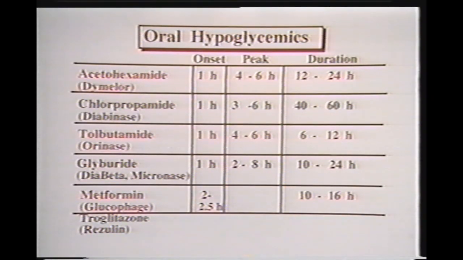Some of the categories of oral hypoglycemics, the sulfonylurea agents are those drugs like Dymelor and Diabinese and Orinase, Micronase, that have been around for a long time. And these are all drugs that have this sulfa type of base, so be cautious in patients with real allergic responses to sulfa medications.